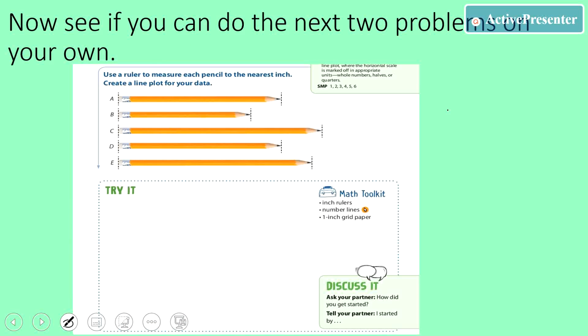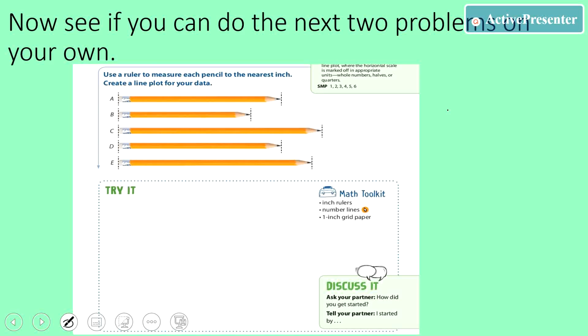So now let's see if you can do the next 2 problems on your own. Using your pencil and paper and ruler, or using your ruler and your whiteboard and your number line, go ahead and pause the video and see if you can do this.